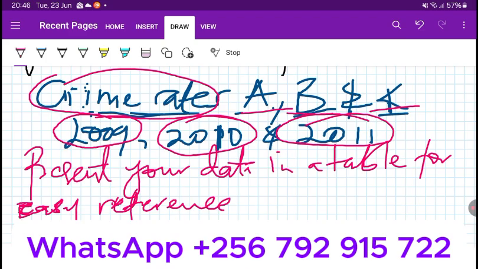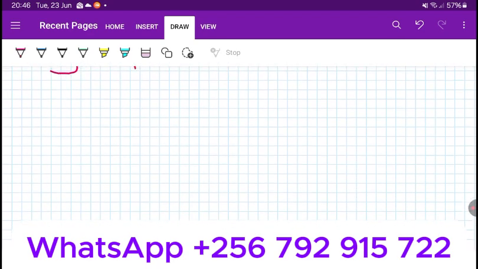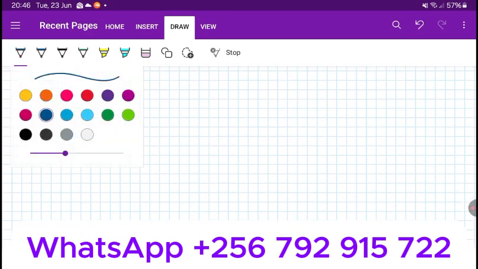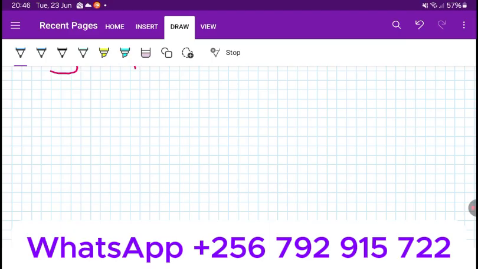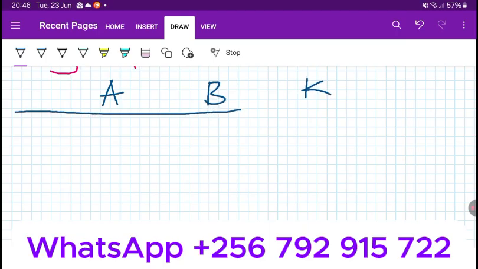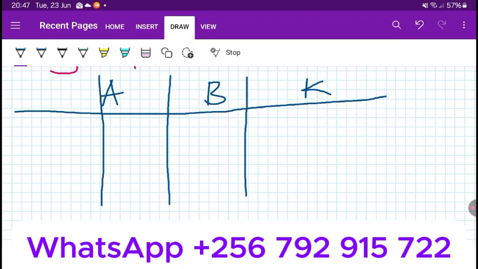That is Microsoft Excel. So let's gather some hypothetical figures. We create a table, and the table is going to have cities. Of course, these can be city A, city B, and then city K. Those are the items, and they are going to be in these columns as you are seeing them.